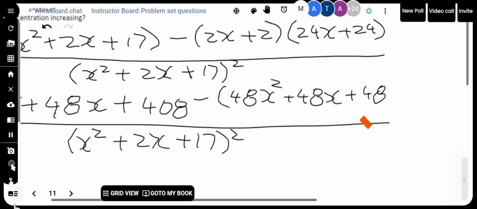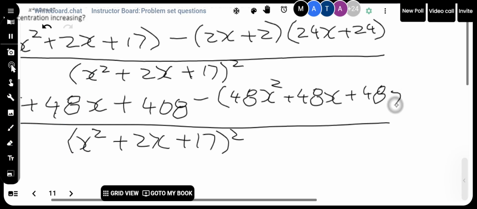Okay, why is that still there? Hang on, let me get rid of that. There we go. That should be another 48x. And then we should have the 2 times the 24, which is plus just 48. Okay, let me extend that line. So we did make that mistake on Friday.